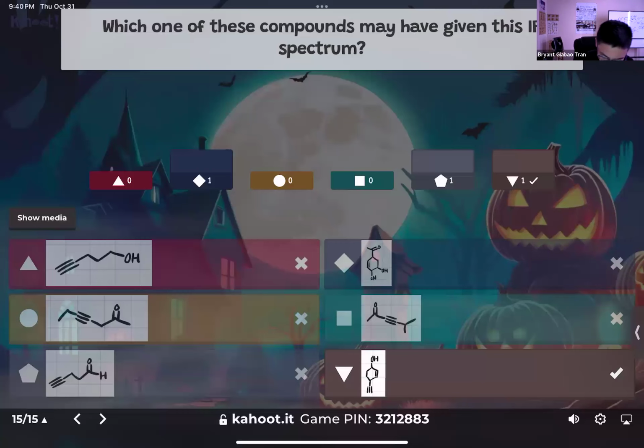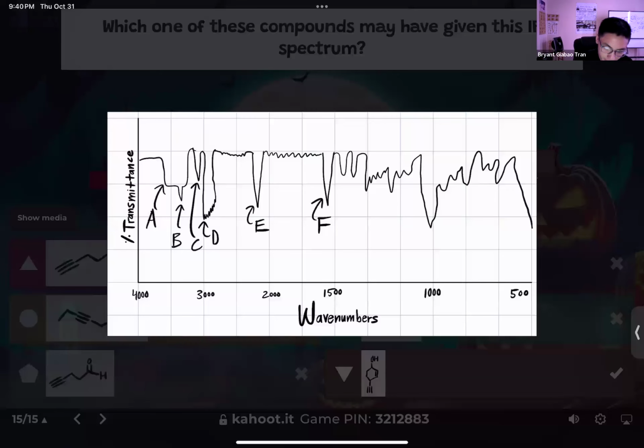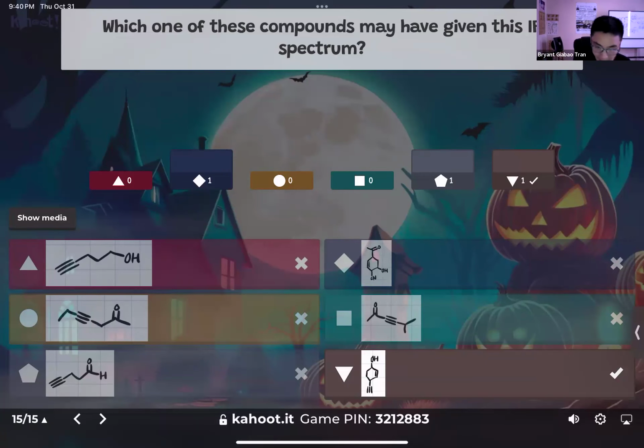The gray or pentagon option has an aldehyde present, but what would the aldehyde be shown at on the IR? It's 2700-ish, yeah. But we don't have that peak at 2700, so gray is incorrect. It's also missing the alkene peak. We have an alkene present in the molecule as well. So brown is correct because it has everything we found. It has the alcohol, the alkene, the terminal alkyne, so brown is the correct answer.